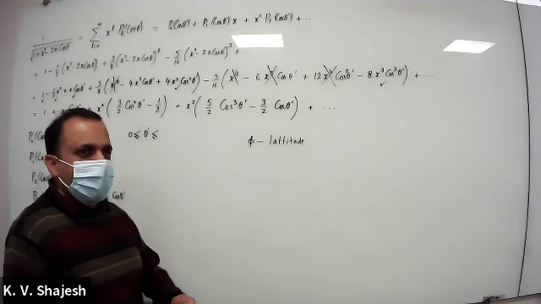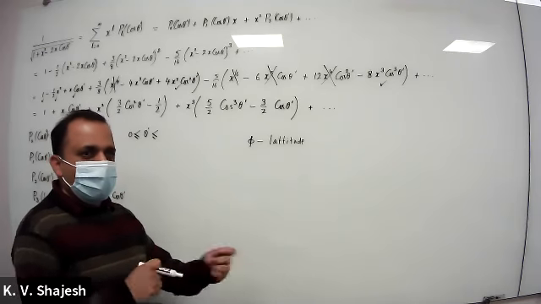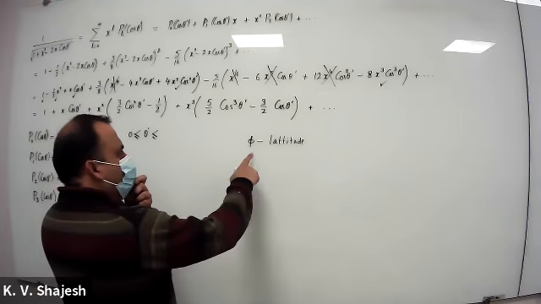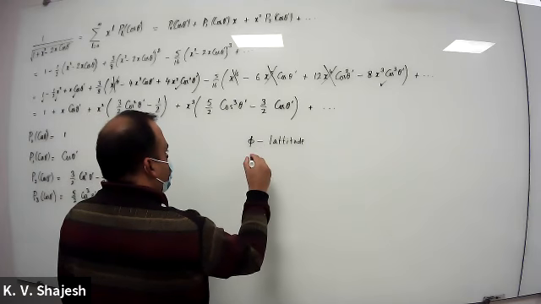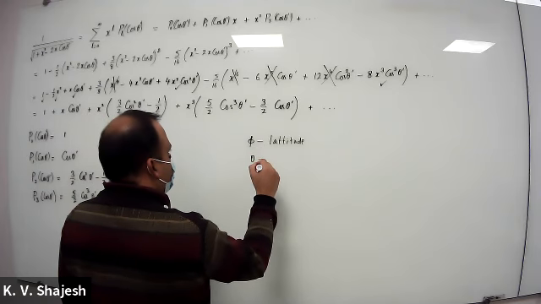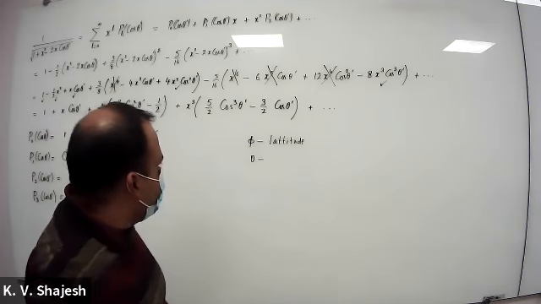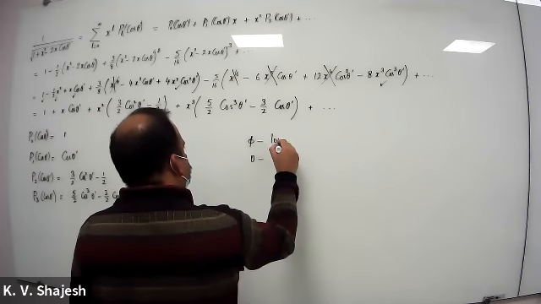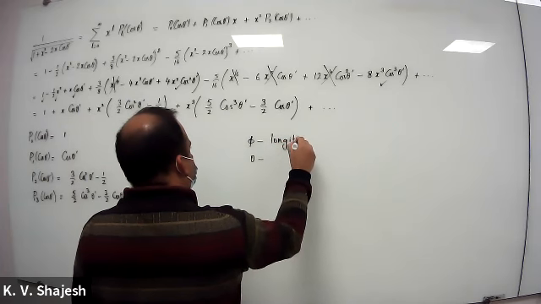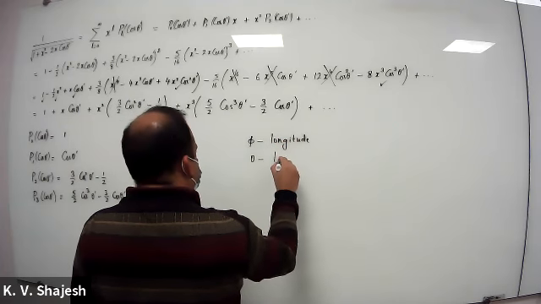I warned in the beginning that physics and math swap these, right? But this is latitude. Phi is the latitude, and theta is the... oh no, I said it wrong. This is the longitude, and this is the latitude.